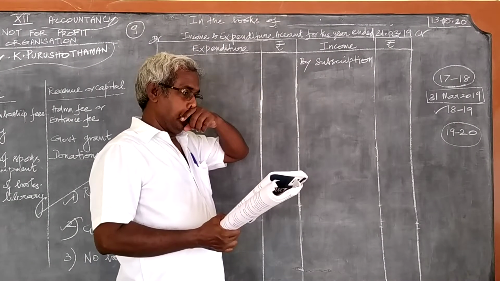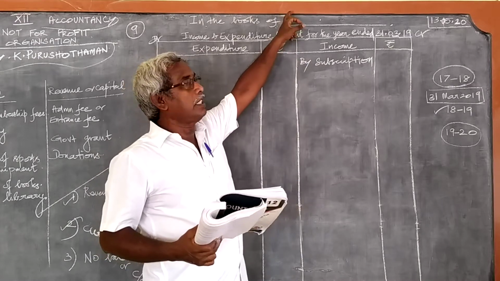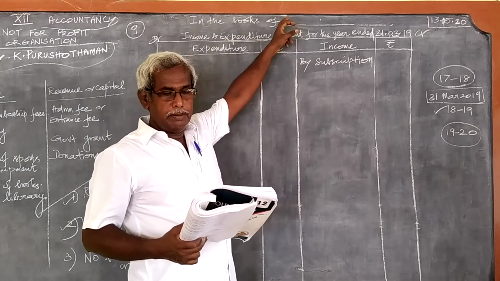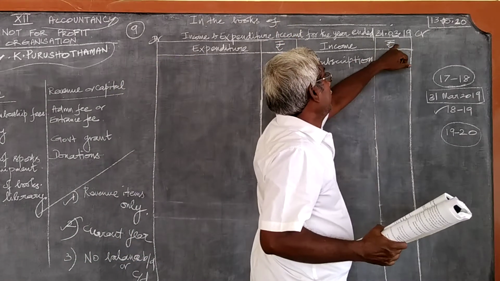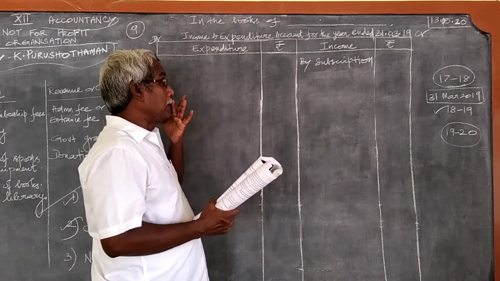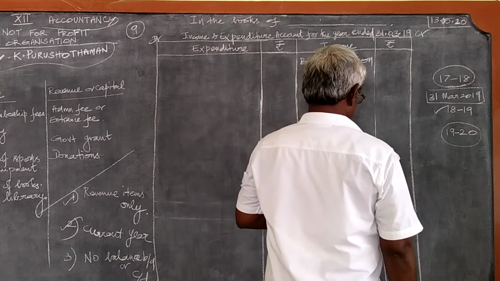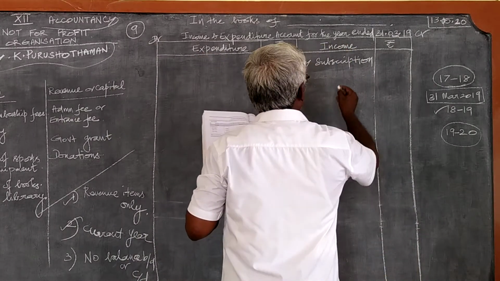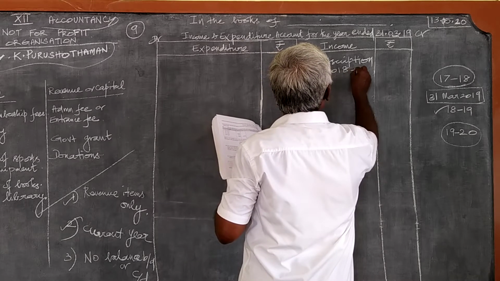Okay, in question number 9 also, there is no name given for the club or association, but the date is 31/3/2019. This is question number 9. What is given there? Subscription 2018-19.